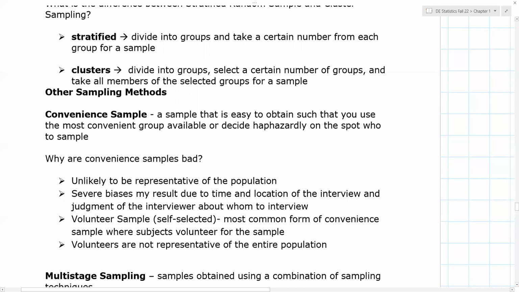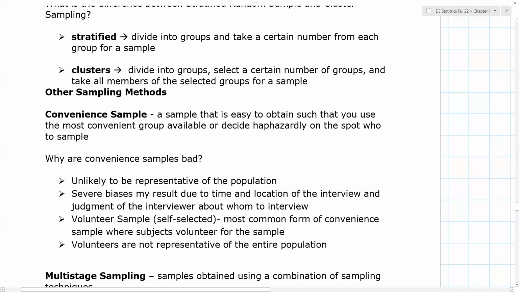So self-select means maybe you're watching ESPN and they put up a poll, who's going to win Monday Night Football this week, the Denver Broncos or the Pittsburgh Steelers? Go to our webpage and vote now. That's a convenience sample.